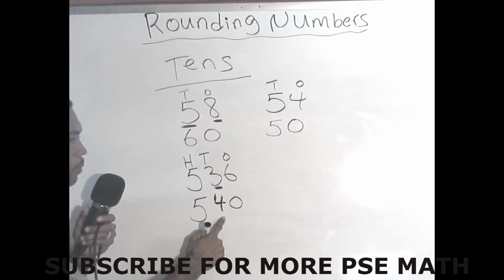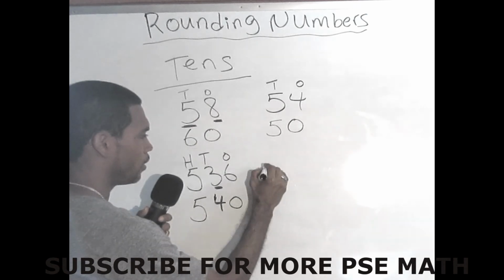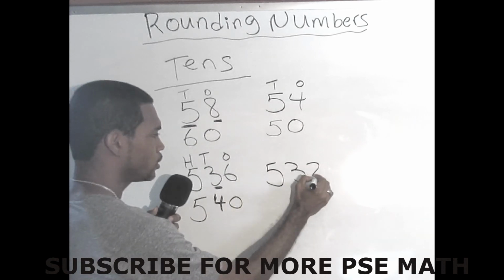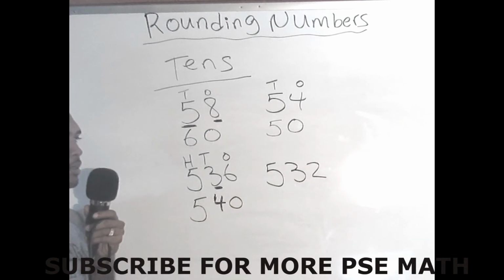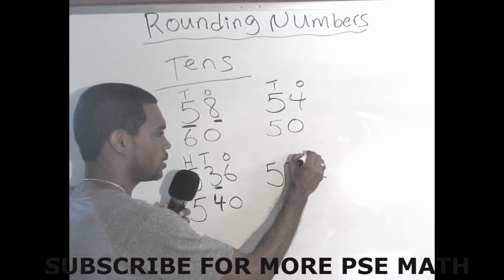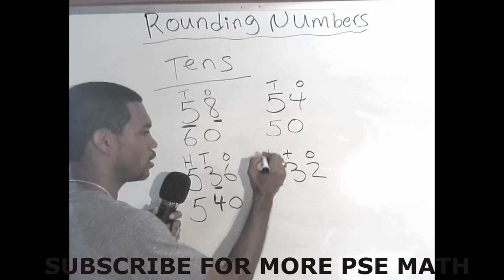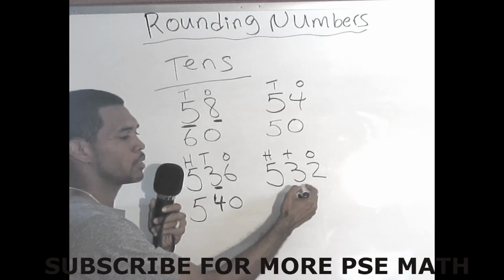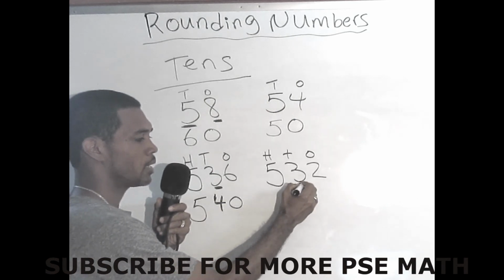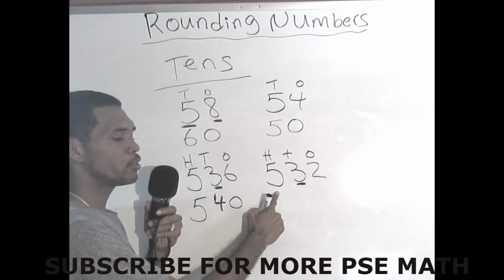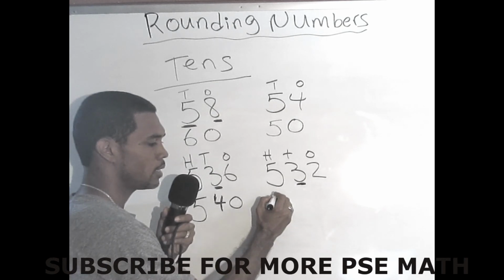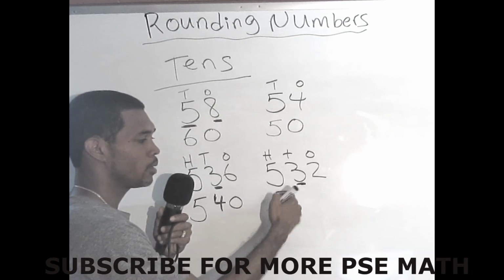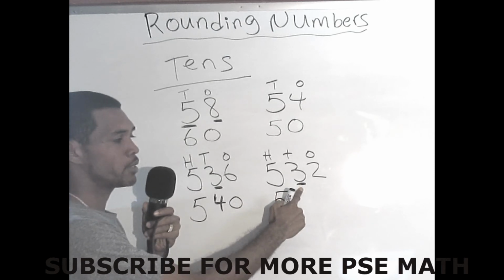Let's do one more example. Let's round 532 to the nearest tens. Ones, tens, hundreds. Remember, we're rounding 532 to the nearest tens. So we find the number in the tens place, and that's 3. The 5 is in the hundreds place. We don't really need that as yet, so we just bring it down because it will be a part of our answer.